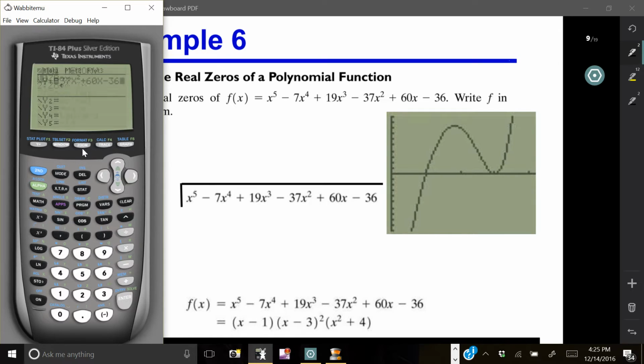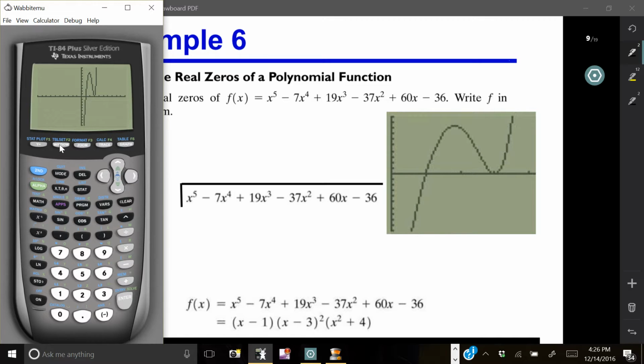And then to zoom to the standard window, we may have to change the window a little bit. But notice we pretty much have the graph completed, and we see a 0 at x equals 1 and a 0 at x equals 3, which, because it just touches, must be a repeated 0.